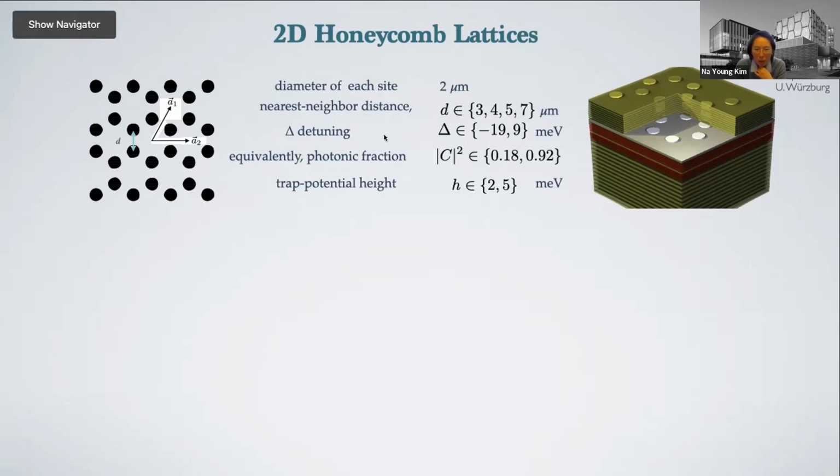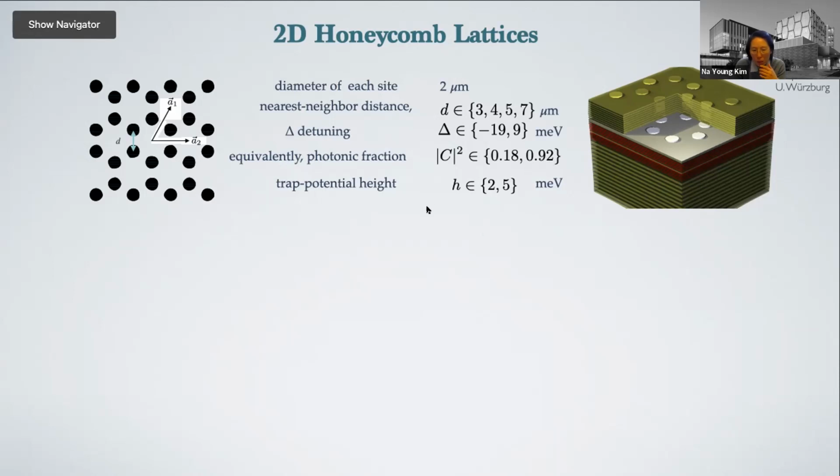In our case, we are also able to change the so-called detuning. Basically, what that means is we can control the amount of exciton and photon because, as I said, exciton polaritons are a combination of these two entities. Once we created them, using etching, we grow the structures all the way up to the quantum well structures, but then we stop the growth, pattern it, etch it, and then regrow.